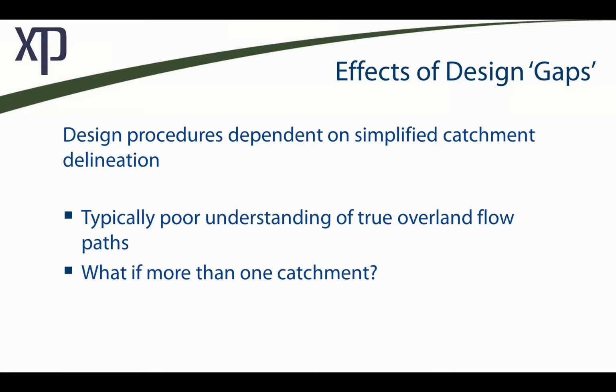We're going to get a poor understanding of what the true overland flow paths are going to be. And really, I guess even more importantly, this is rarely the case. So what if you have a complex site with more than one catchment? It begins to be extremely difficult, if not impractical, to try to design that with spreadsheets.